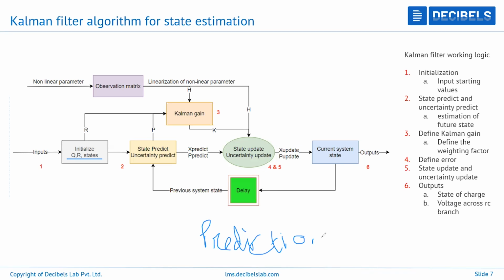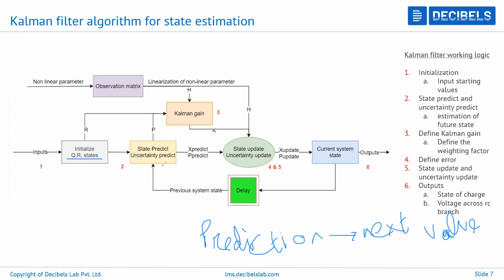Okay, so prediction is a step that is used to predict the future state, or the next value. Basically, it is a way in which we project the current value to the next value, using the past value. That is prediction.